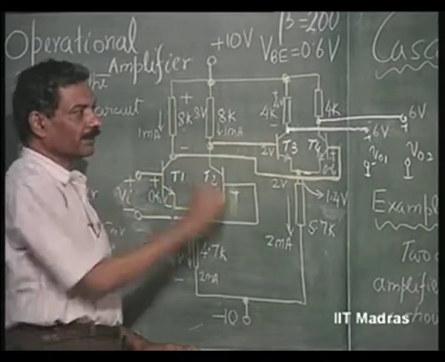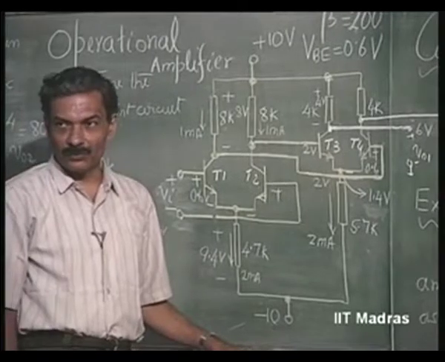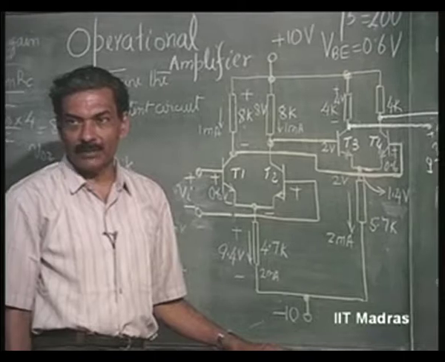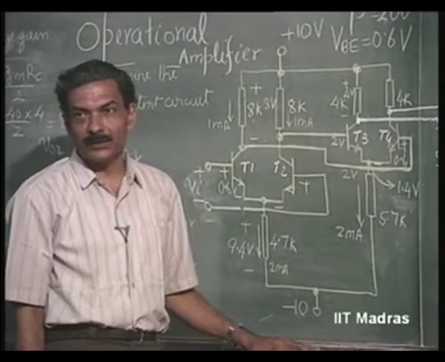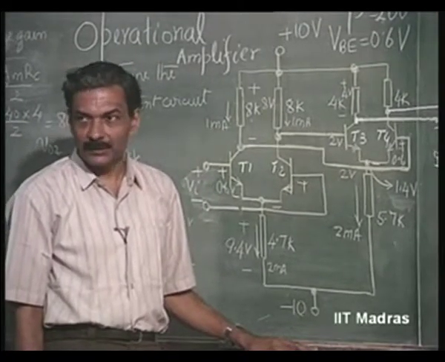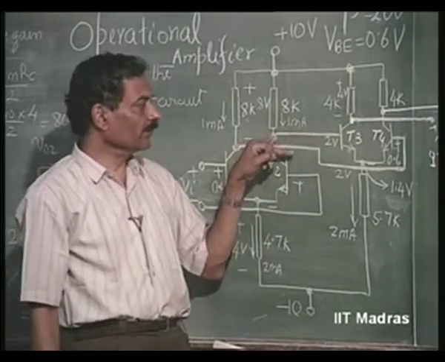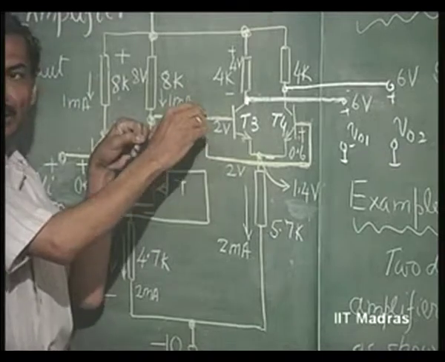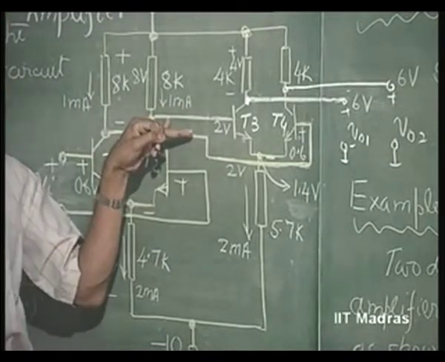So, the reverse bias voltage is 4 volts. In one direction, we have a swing of 4 volts available before the transistors go to saturation. So, the reverse bias voltage is 4 volts, it can become equal to 0.